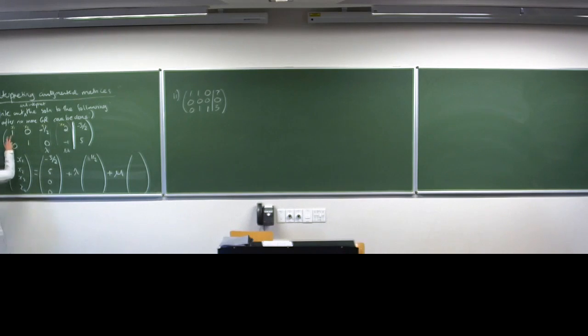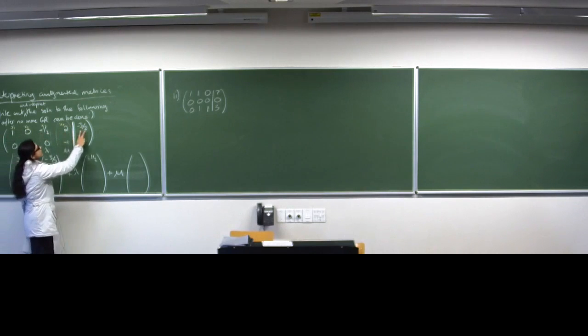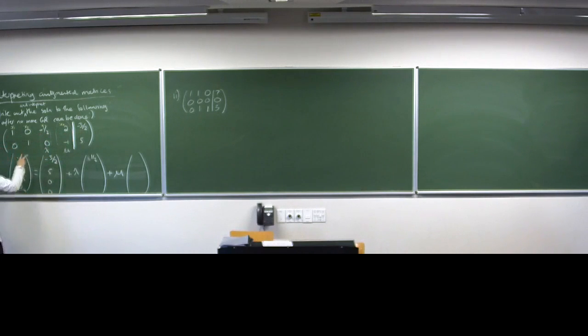So this is saying x1 minus half of x3 plus x4 is equal to minus 3 over 2. We take that to the other side, so we can say x1 is equal to something.